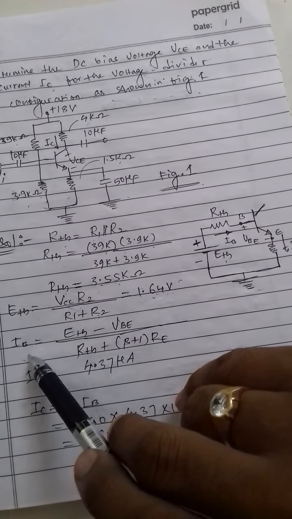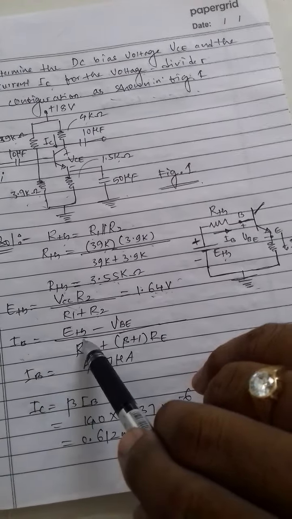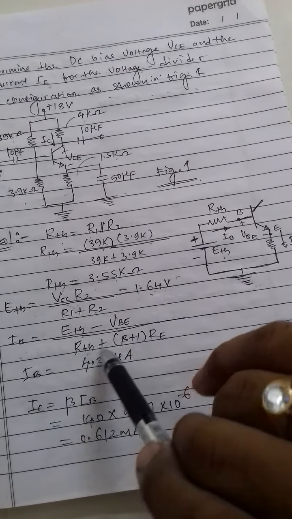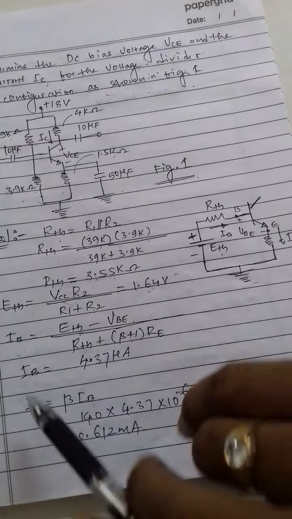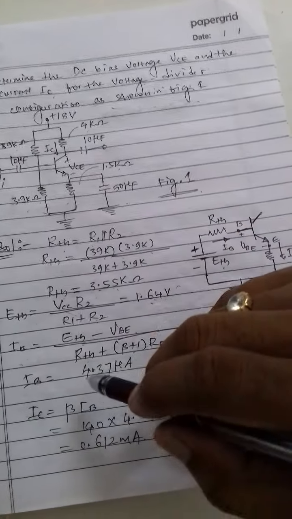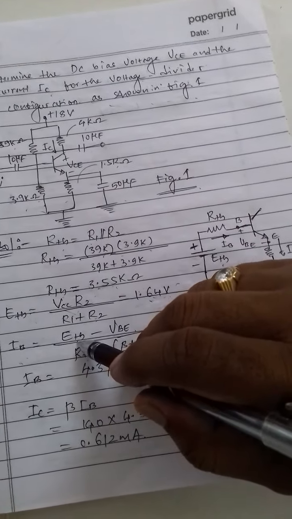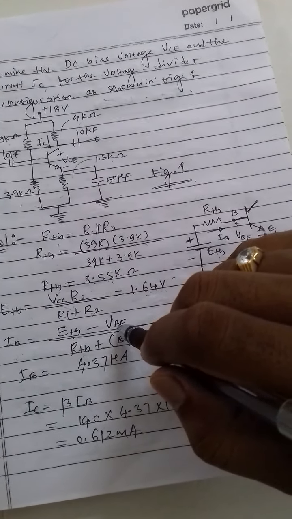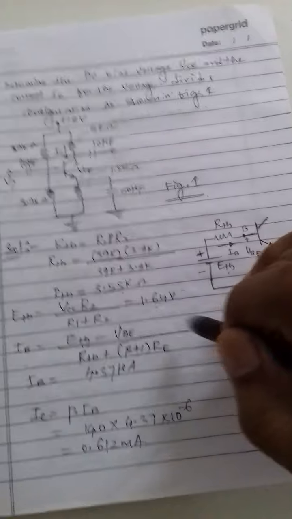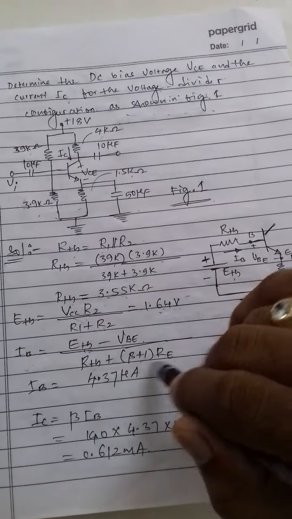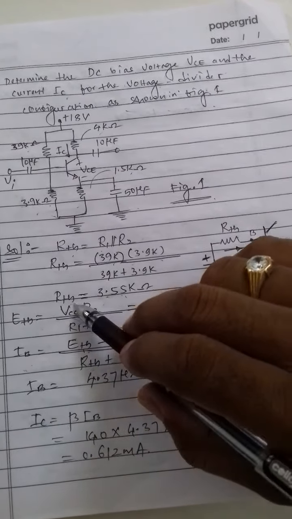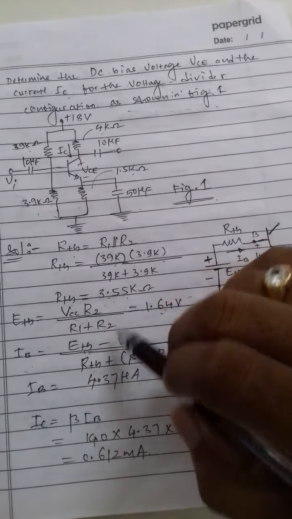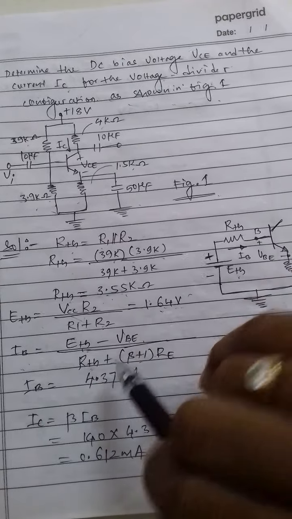Then the base current IB is equal to ETH minus VBE upon RTH plus beta plus 1 times RE. Here you know ETH, the Thevenin's voltage, and the base to emitter voltage of the transistor, which for silicon transistors is 0.7 volts. RTH, the Thevenin's equivalent resistance, is 3.55 kilo ohms.